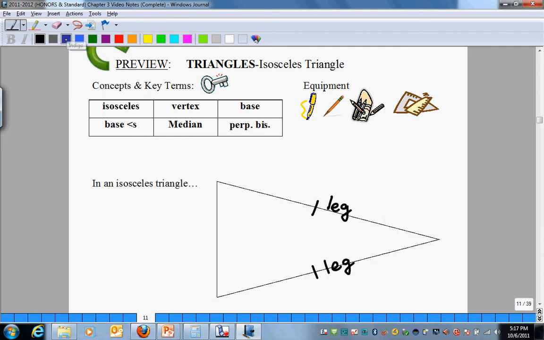The hinge between the two equal sides is called the vertex. The third side that's not equal and opposite the vertex, that's called the base.